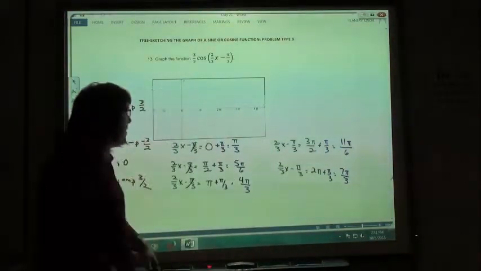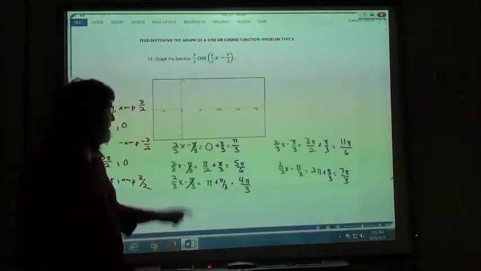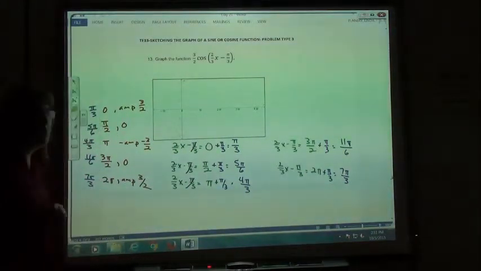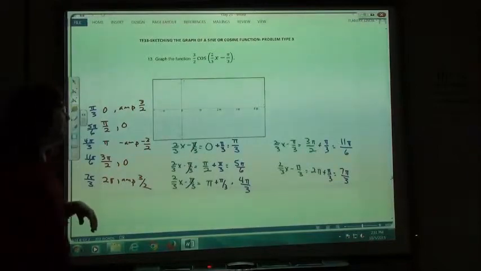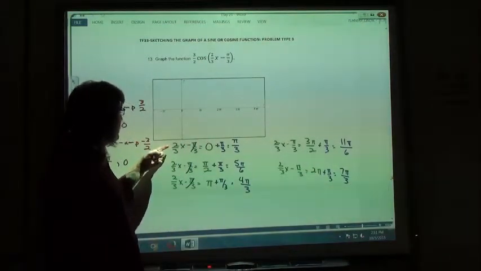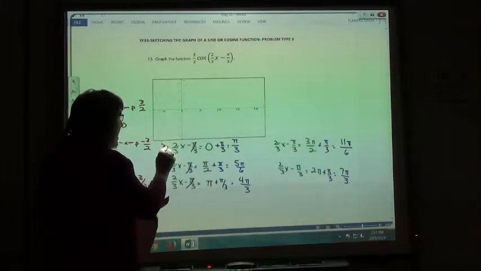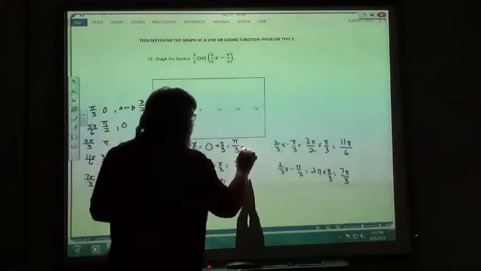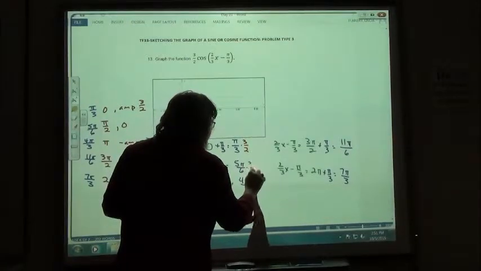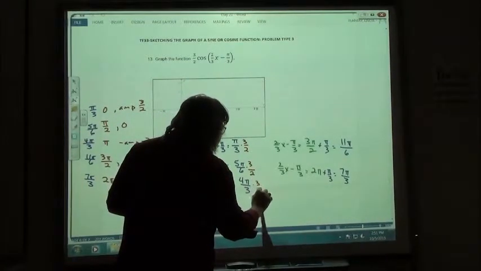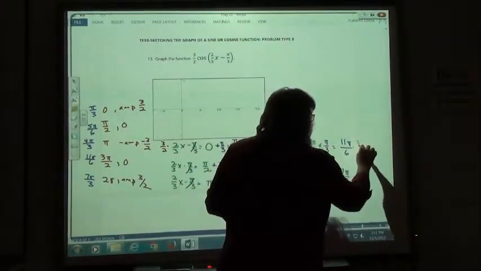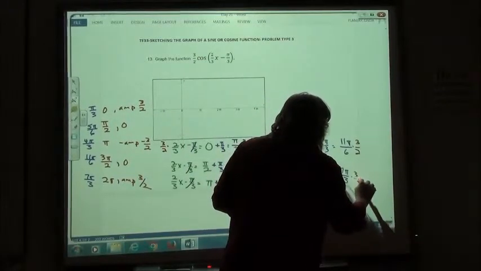I only did one step. I added the pi over 3. I still have to do the 2/3 part of it. All right, I only did half my problem. So I need to get rid of my fraction, so now I need to take each of these times 3 over 2. I was going to say it won't fit on my graph, right? But I didn't finish, so therefore.